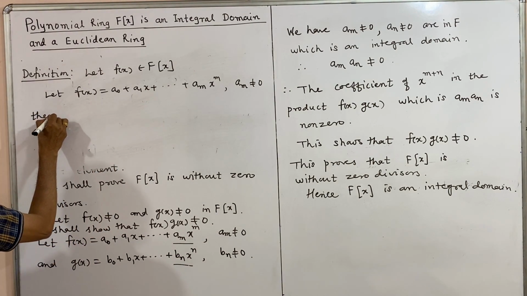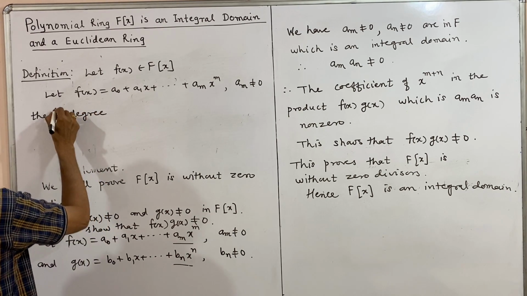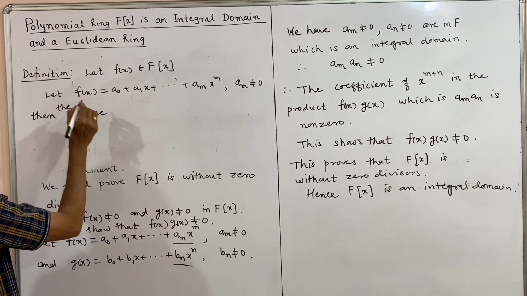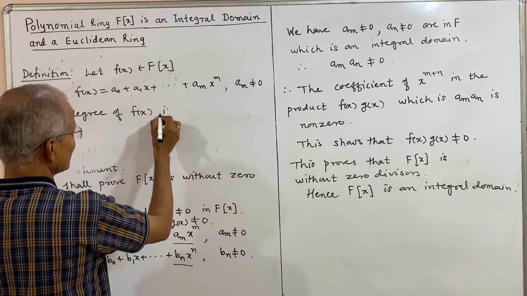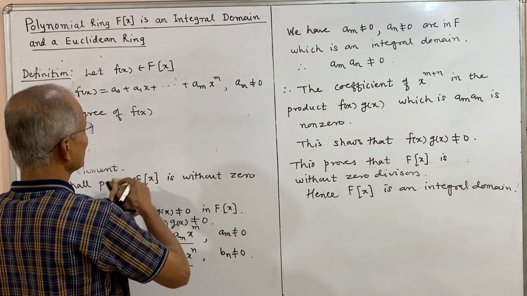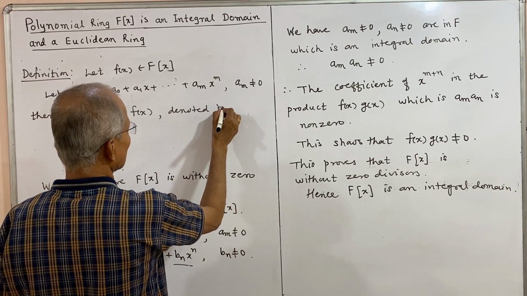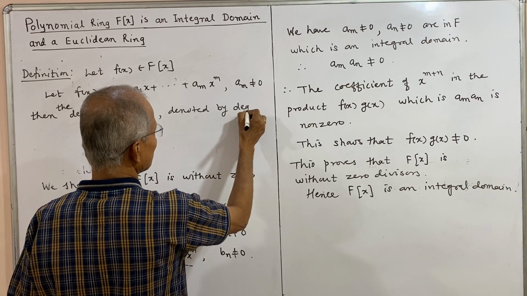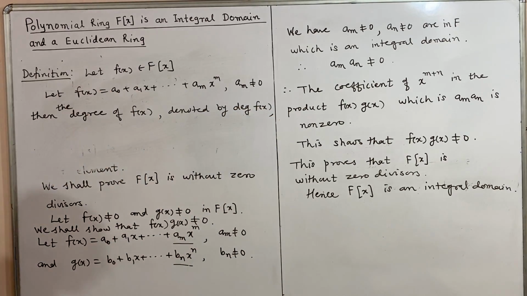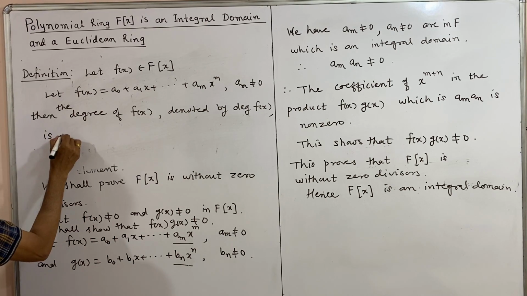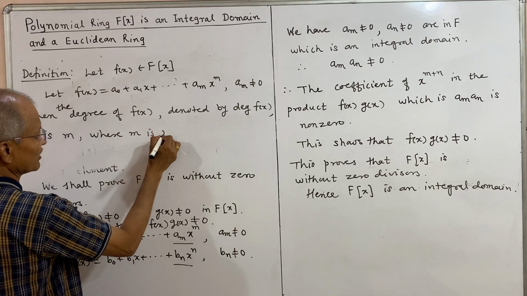Then the degree of f(x), denoted in short by deg f(x), is m, where m is a non-negative integer.